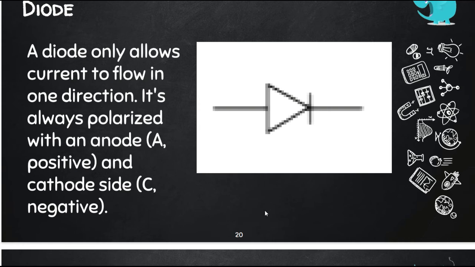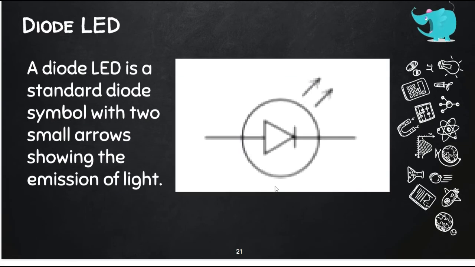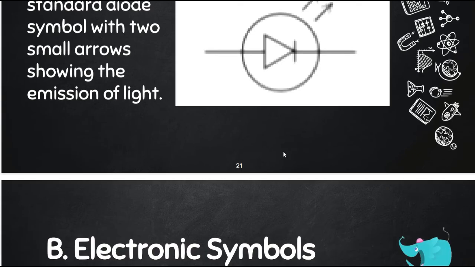A diode allows the current to flow in one direction. So it has polarities. And then another type of diode, the LED. A diode LED is also simply a diode, but it emits light. As you can see, there are arrows pointing out. It means the diode is giving out light.